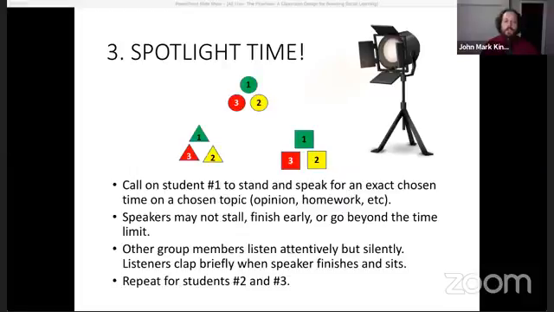Well, Peter, just to clarify, for spotlight time, if I'm speaking in my group, I'm only speaking to my group mates, right? Yes. And the same thing is happening in all the other groups too. So I'm not speaking to the entire class, right? This is true, yes. Good clarification. Each group is talking at the same time. So we have to, again, train them not to talk too loudly, because they only have to talk to the people that are very, very close to them.